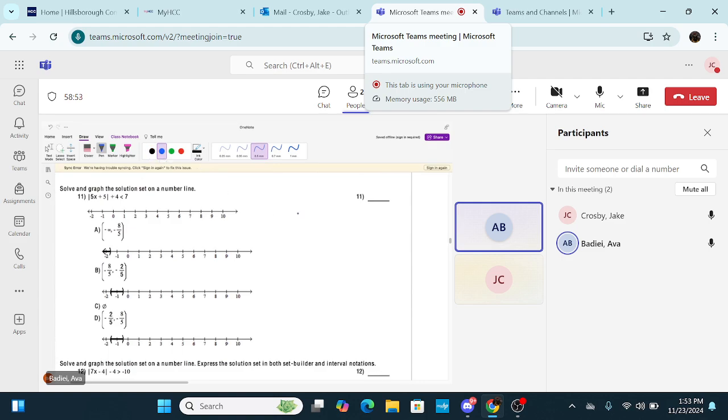I believe for these ones, this is how we do it. So 5x plus 5, plus 4, less than 7. Minus 4 on both sides.